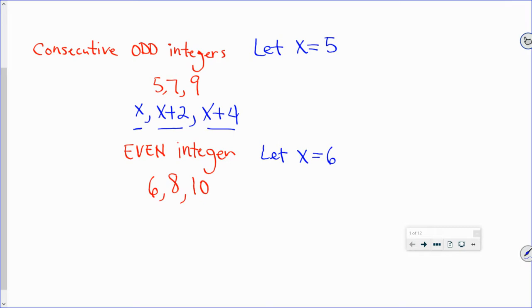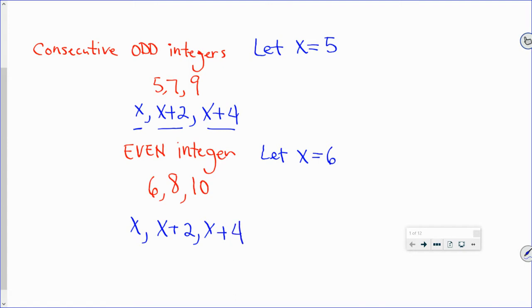And I'm going to do 6, 8, 10. My first integer would be x. What would my next one be? x plus 2. Ooh, that looks like the odds, doesn't it? What would my next one be? Yeah, x plus 4.